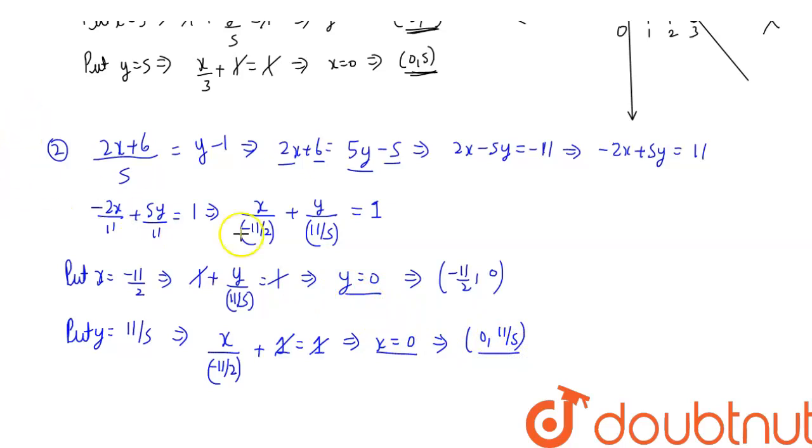Now let us try to plot this graph. So here let us say that this is the x-axis, and here we have the y-axis like this. So let us name them. This is plus x, this is plus y, and this is origin, that is 0, 0. Now let us name the axis here.